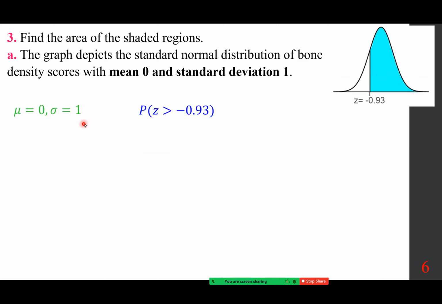We want the probability of z larger than negative 0.93. You can use the table, the z table, or you can use technology. Either way is fine as long as you understand the concept. And you put however many decimals they ask you. In this case, 0.8238 will do the job.